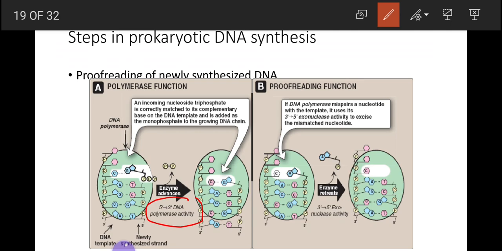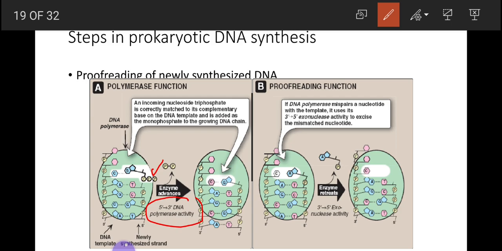Let me tell you that the parental strand which is read by the DNA polymerase is in the 3' to 5' direction, and the complementary new strand which is formed is in the 5' to 3' direction. So the first type of activity of the DNA polymerase 3 is 5' to 3' polymerase activity.